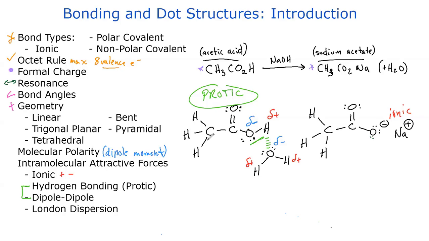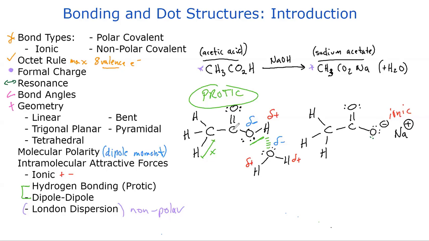Now note that because the carbon-hydrogen bonds here are nonpolar, they're not going to engage in hydrogen bonding. London dispersion forces, if you recall, are basically the reason that anything else that does not have polar bonds will stick to each other.